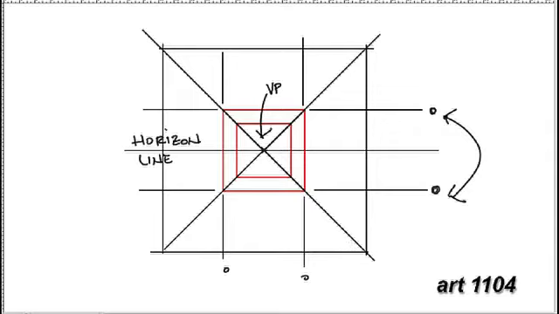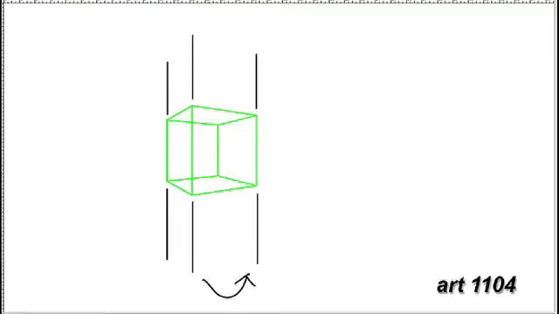In a two-point perspective, in much the same way as before, edges that are parallel to the picture plane and not receding into three-dimensional space, in this case only the verticals, we'll show those and draw those as parallel lines that are not converging.